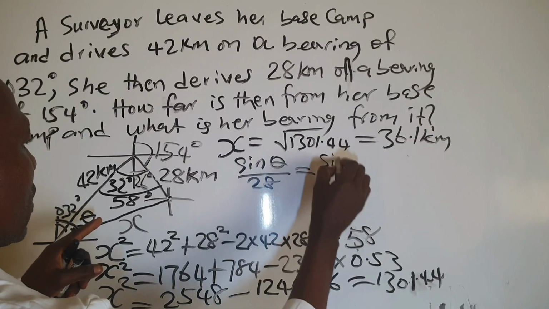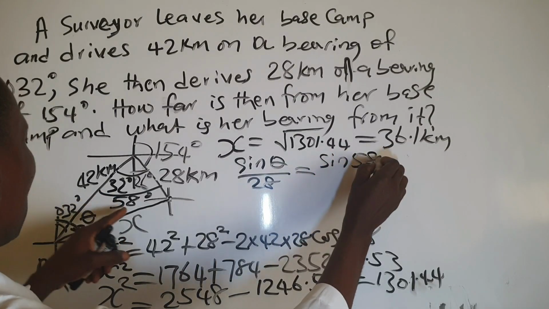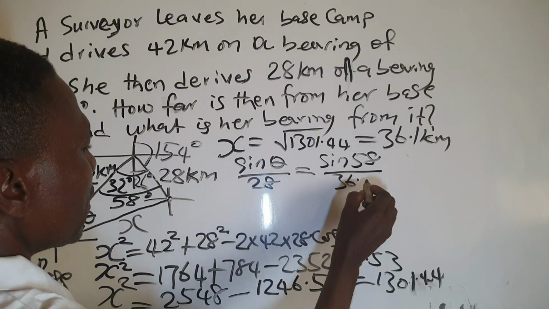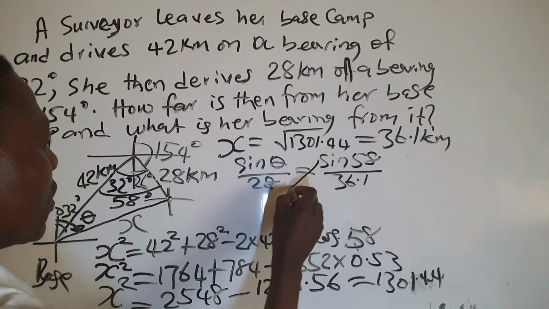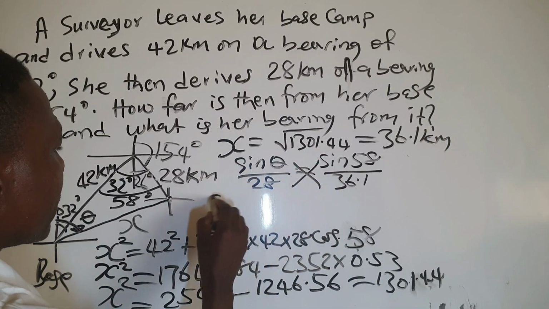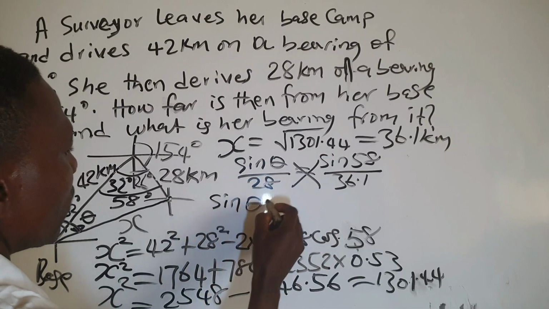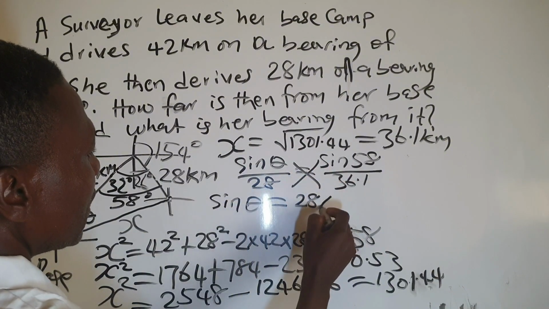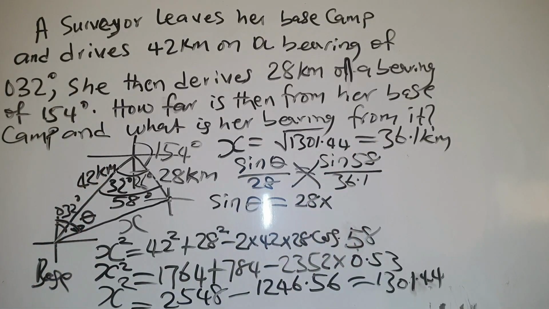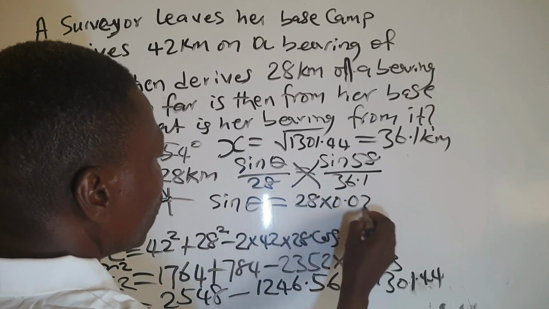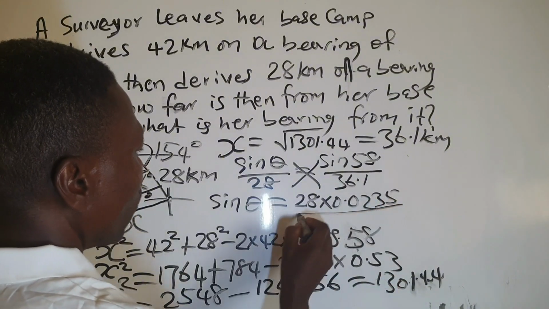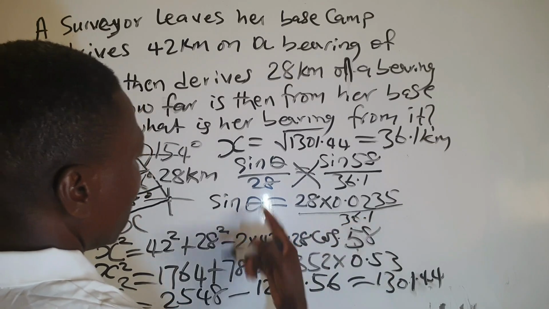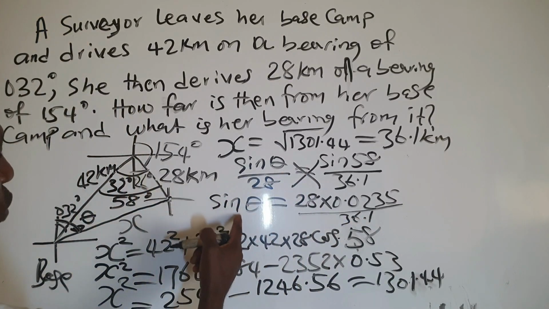which equals sine 58, we know, all over the side facing it, which we have calculated to give us 36.1. So when we cross multiply, we now have sine theta equals 28, this one times this, 28 times sine 58. Sine 58 is what? 0.8480 times 28 gives 23.75 all over 36.1, when we cross multiply, when we want to find this one.